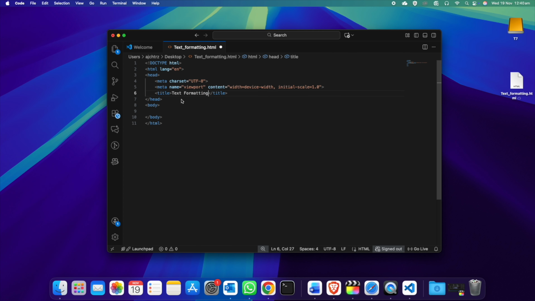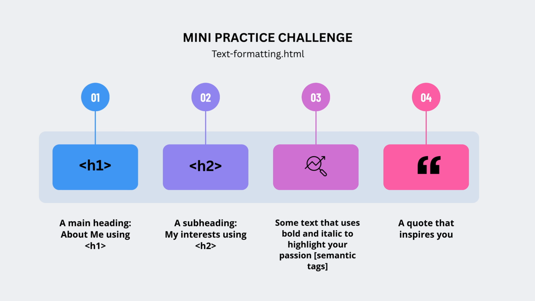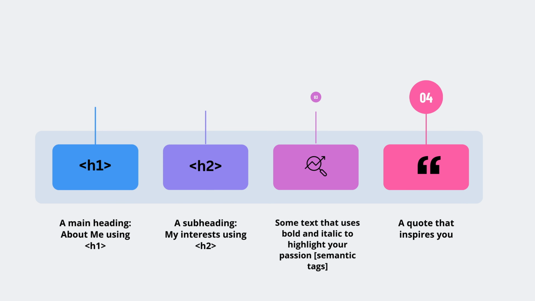For example, you could write a short About Me page that includes a main heading About Me, a subheading My Interest, some text that uses bold and italic to highlight your passion, and a quote that inspires you. Once you are done, open it in your browser and review how everything looks. This small project will help you understand how headings and paragraphs work together to create hierarchy and flow.